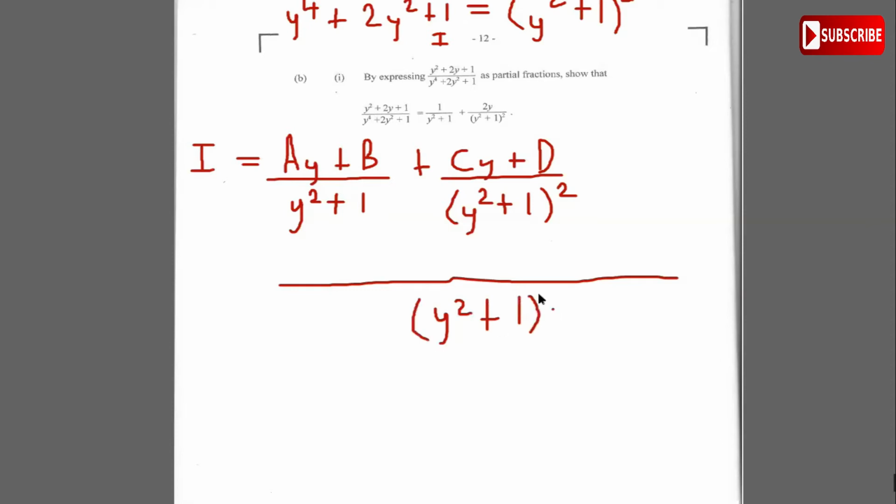And so this into this just leaves y squared plus 1, so it's going to be ay plus b, and this is multiplied by y squared plus 1, plus y squared plus 1 all squared into y squared plus 1 all squared is just cy plus d.